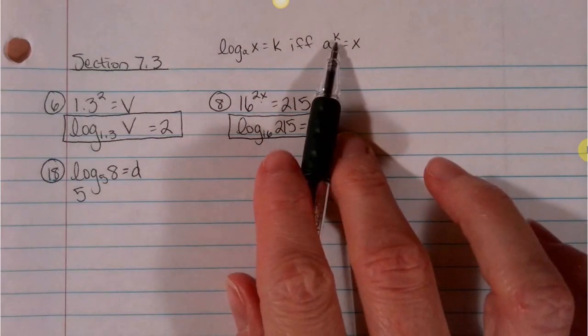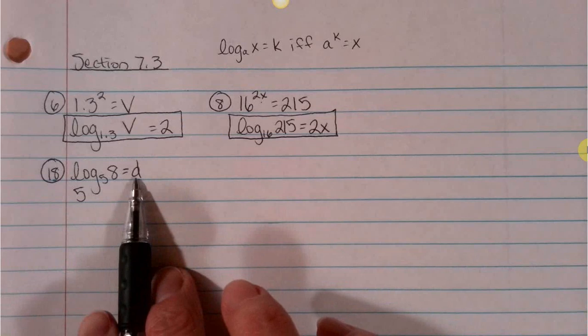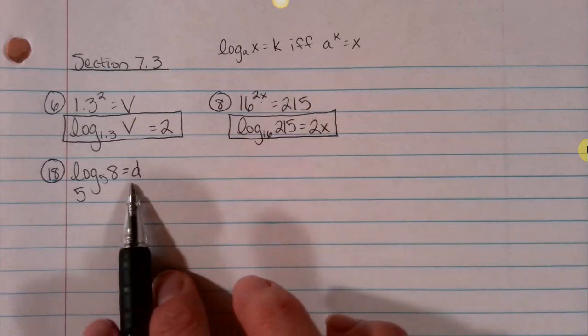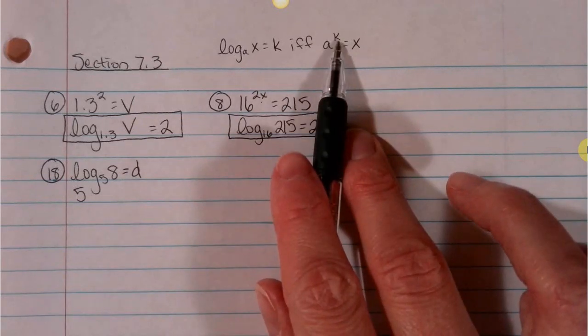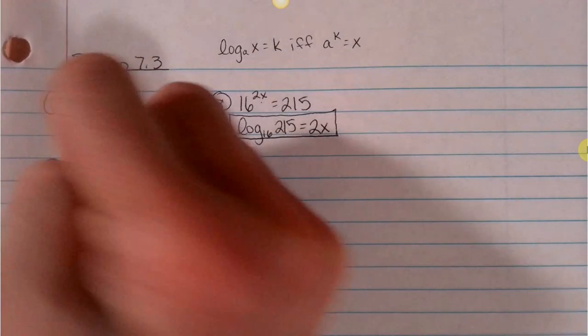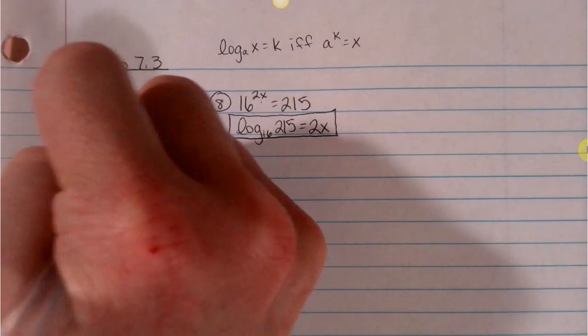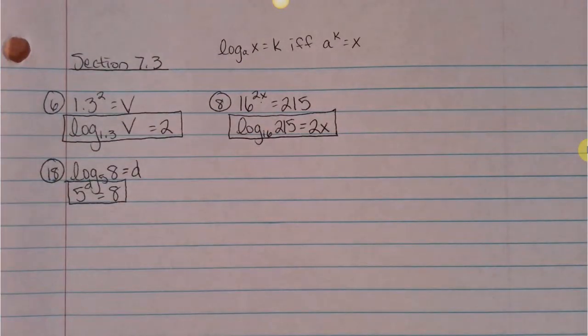And then in place of the k is the number on the other side of the equal sign by itself, which in this case is the d, so that's what goes in place of the exponent in our exponential equation. And then what's left over that we haven't used yet is the 8. So 5 to the d is equal to 8.